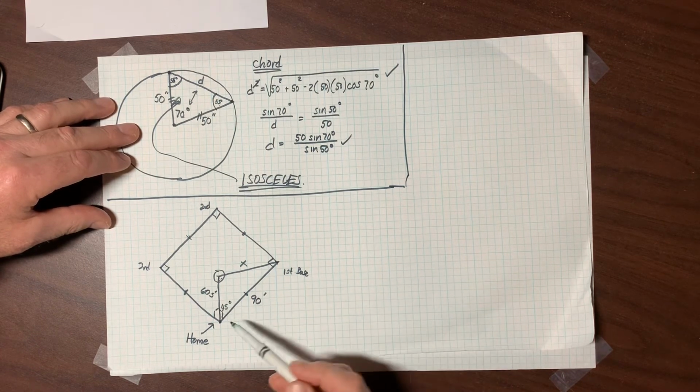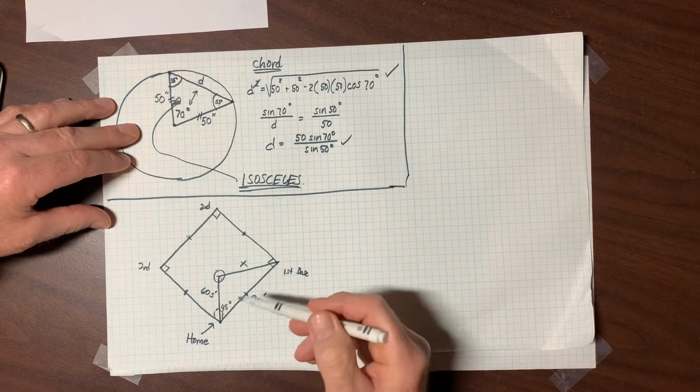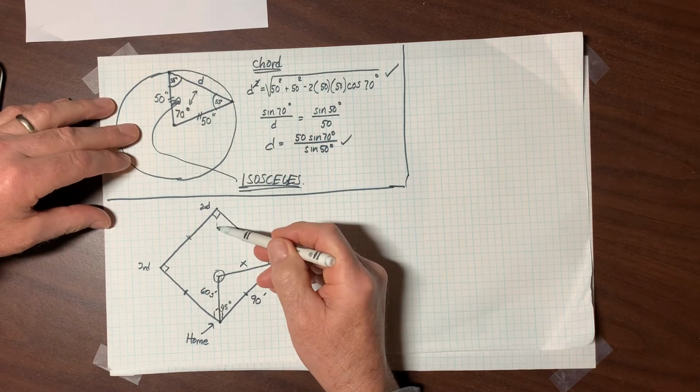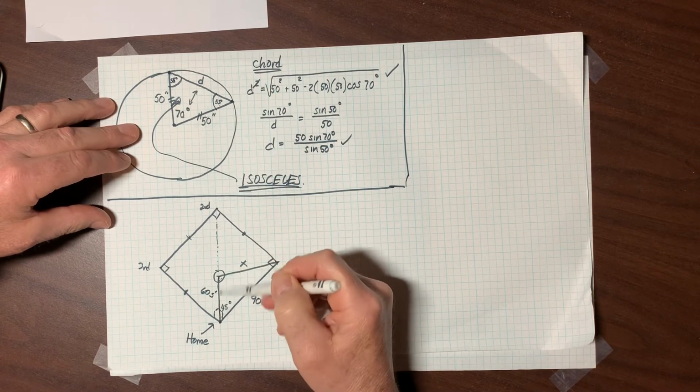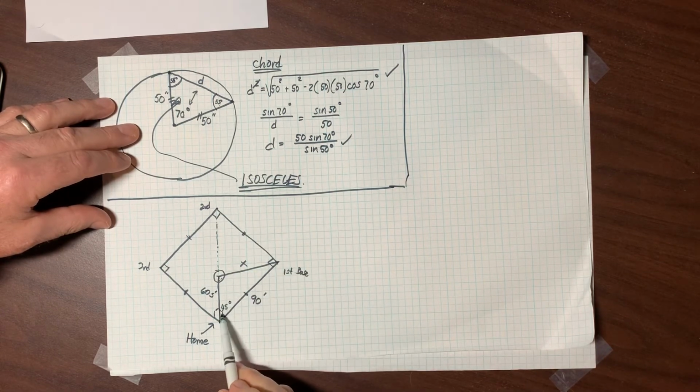You see, the pitcher's mound lies on one of the diagonals of the square. And when you draw in a diagonal, you're cutting that 90-degree angle in half. So that would be 45 degrees.